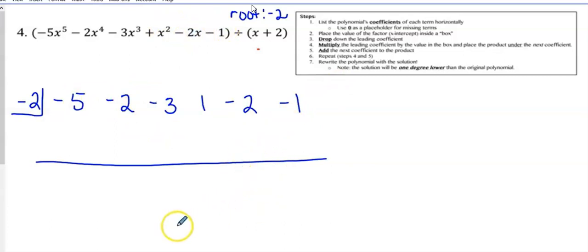And so you're going to bring down the negative 5 and then start multiplying. So I want you to do that and see if you can get the correct answer with the remainder. So this is going to be the remainder right here. So remember, you go remainder, constant, x, x squared, x cubed, x fourth. So you should start with an x fourth right here. All right, pause the video, see if you can get it.